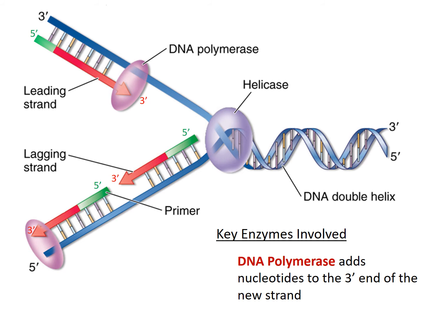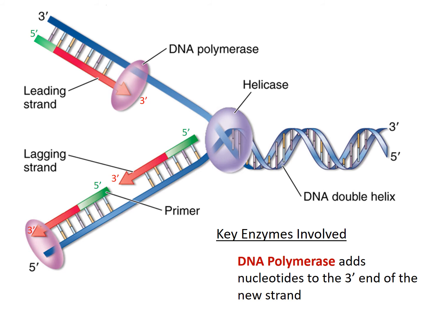So these RNA primers got laid down and they have a 3' end to which DNA polymerase binds, and then it can start adding DNA bases. So the new strand gets elongated in the 5' to 3' direction. DNA is built from 5' to 3'.